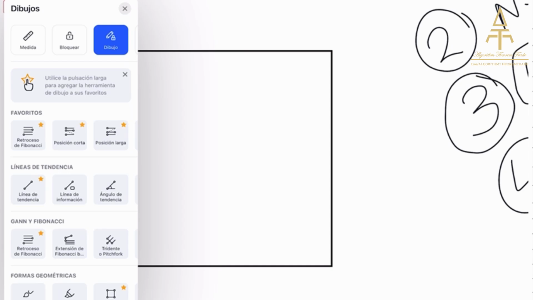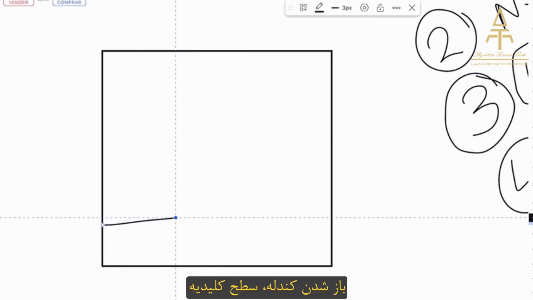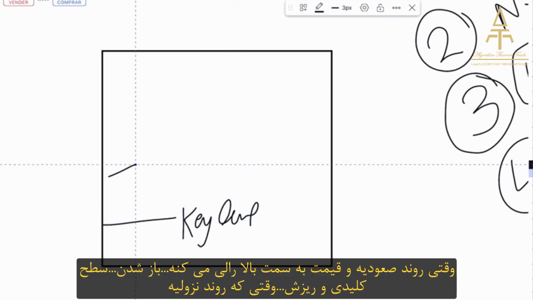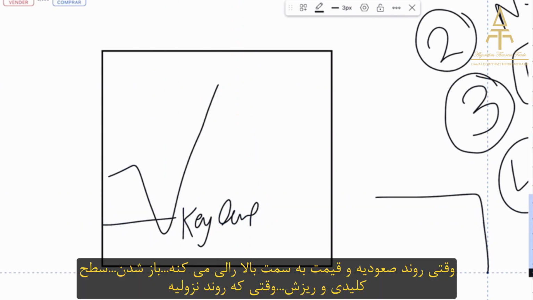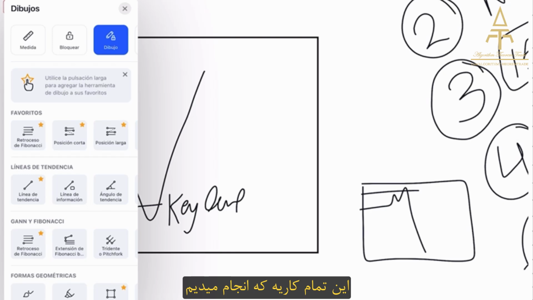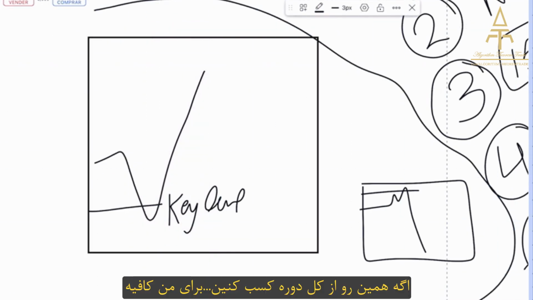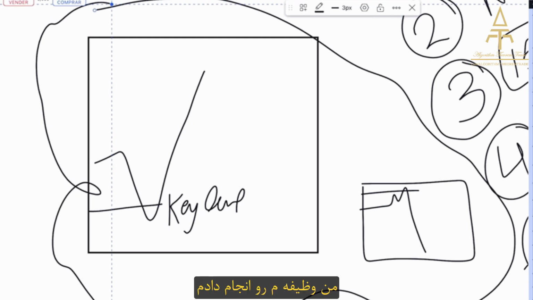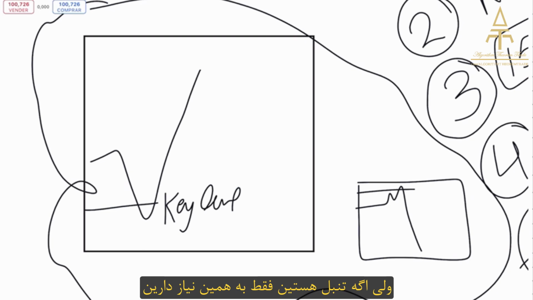Don't forget, it's open, key level, and rally when you're bullish, and dump when you're bearish, and that's it. This is all we're doing. If you take this away from the entire course, then I'm good. I've done my job. Though there's a lot more, but if you're being lazy, then this is all you need.